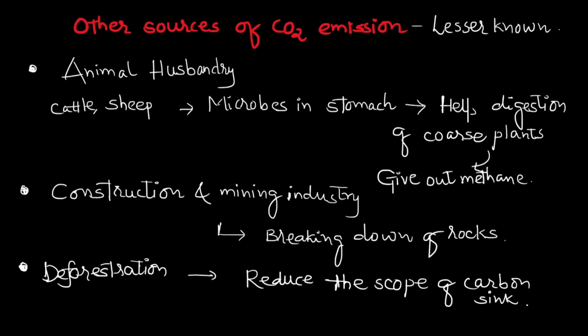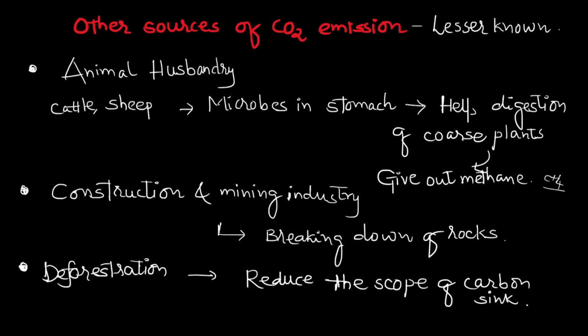When they go for grazing, the microbes in their stomach help the digestion of the coarse plants which they eat during the grazing. The microbes which help in the digestion of coarse plants give out methane. And methane, as you all know, CH4, is a source of carbon. And it also eventually converts into CO2.